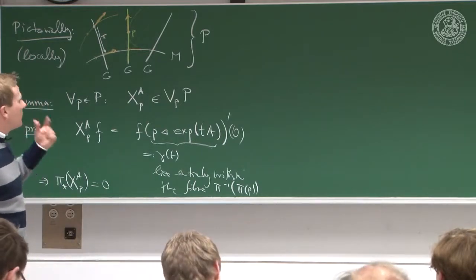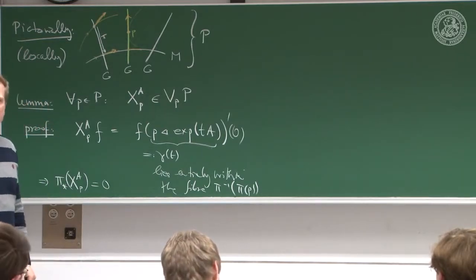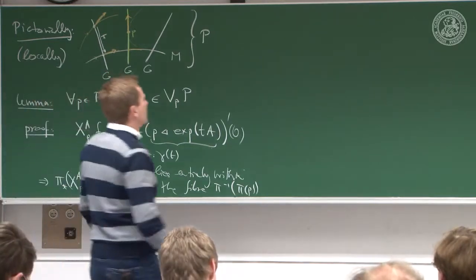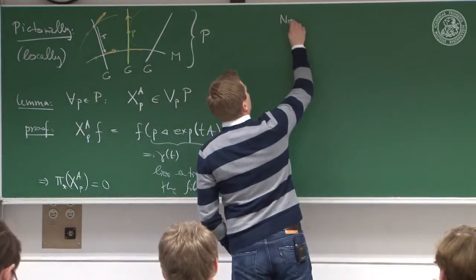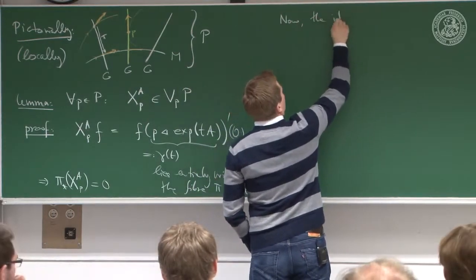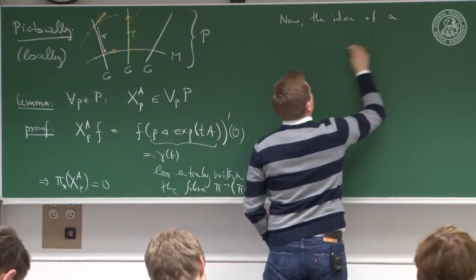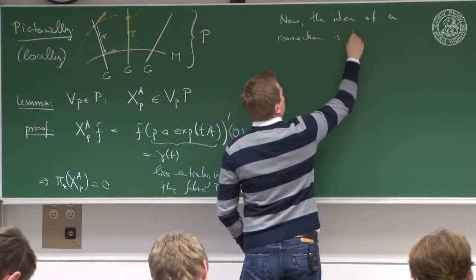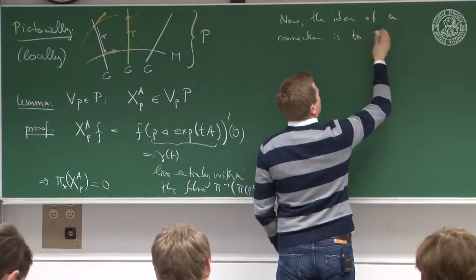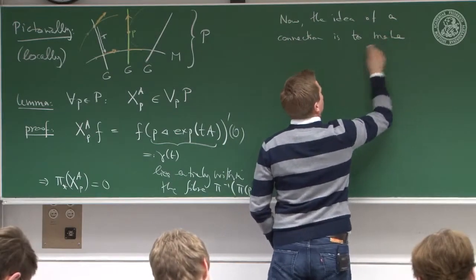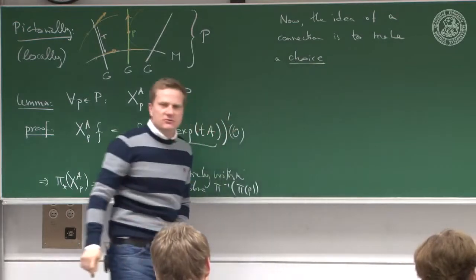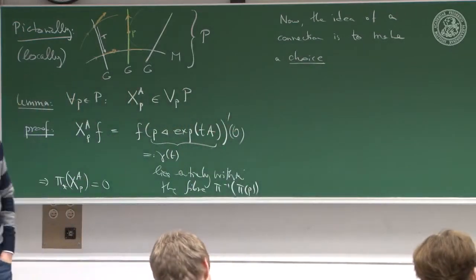Now, this is something we're going to use, but it's not what we actually need or what we want. What we want is the idea of a connection. Now, the idea of a connection is to make a choice. And you know that whenever you make a choice, you introduce structure, and this structure will be called a connection.